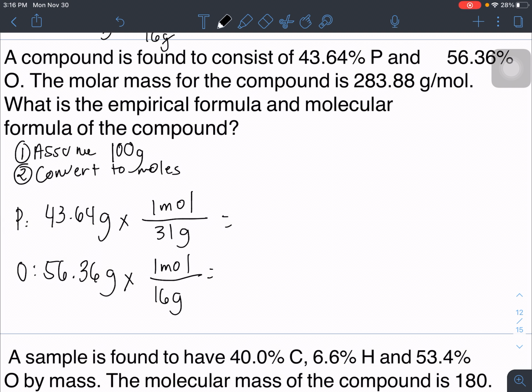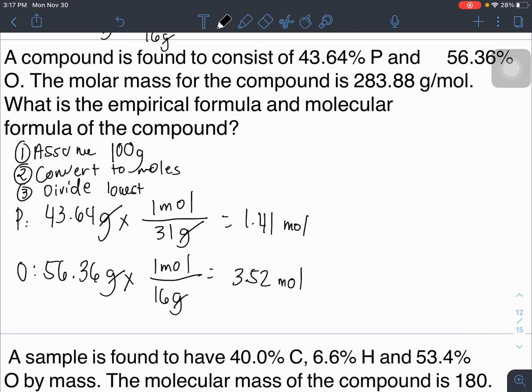So 43.64 divided by 31 grams, so that is equal to 1.41 moles. Okay, 56.36 grams divided by 16, that is equal to 3.52 moles.